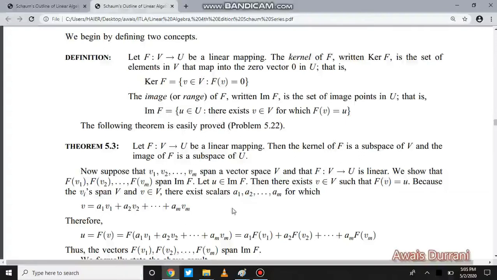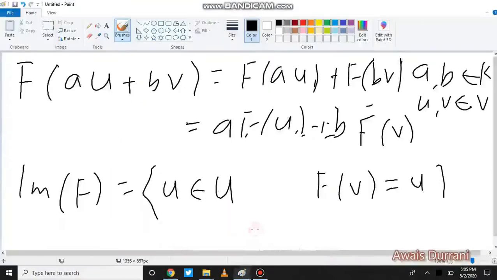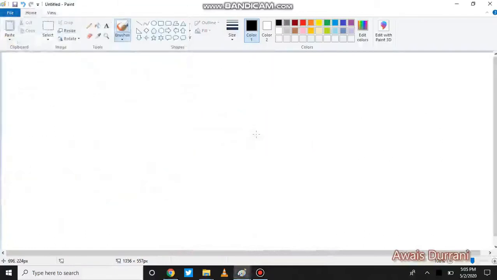But before learning the statement of the theorem, or before going to the proof, I should recall to you what is spanning. Spanning of a vector space. You already have studied this, but let me recall this for today's lecture.